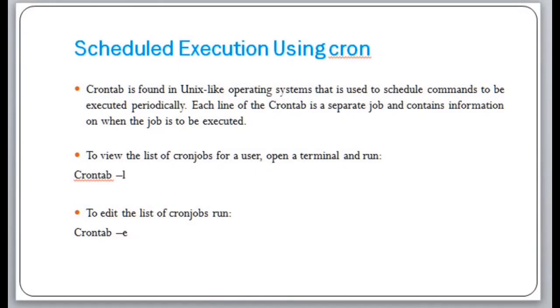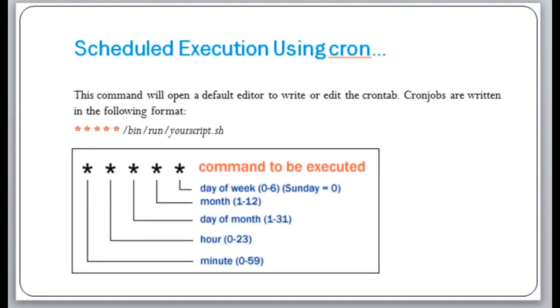So how is cron actually set up? We see here in our next PowerPoint that the command opens the default editor to write or edit the crontab. And cron jobs are written in the following format, okay? We have 1, 2, 3, 4, 5 placeholders here, and then the command to be executed, okay? So in this first placeholder here, this little asterisk or star, this represents the minutes, 0 to 59 in an hour.